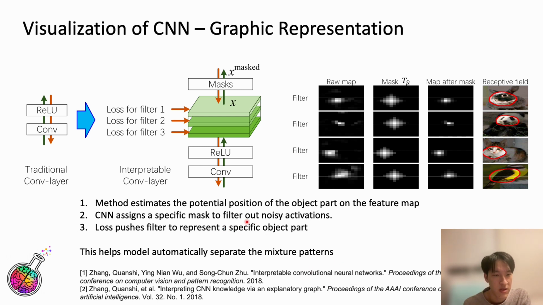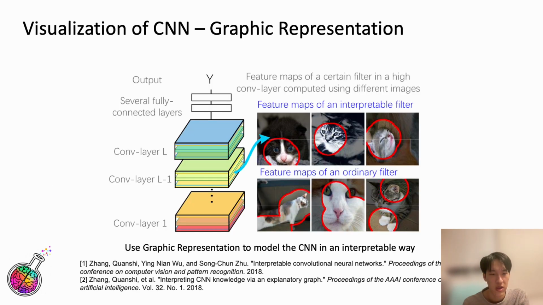In this method, it estimates the potential position of the object part in the feature map, and for the CNN, it designs a specific mask to filter out noisy activations, and then uses a loss to push each filter to represent a specific part of the object. This helps the model automatically separate the mixture of patterns.